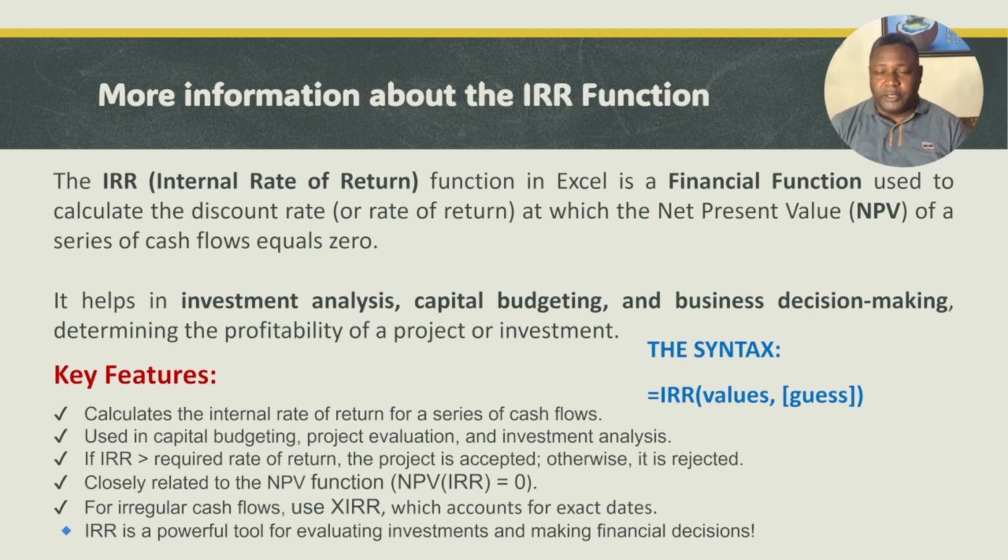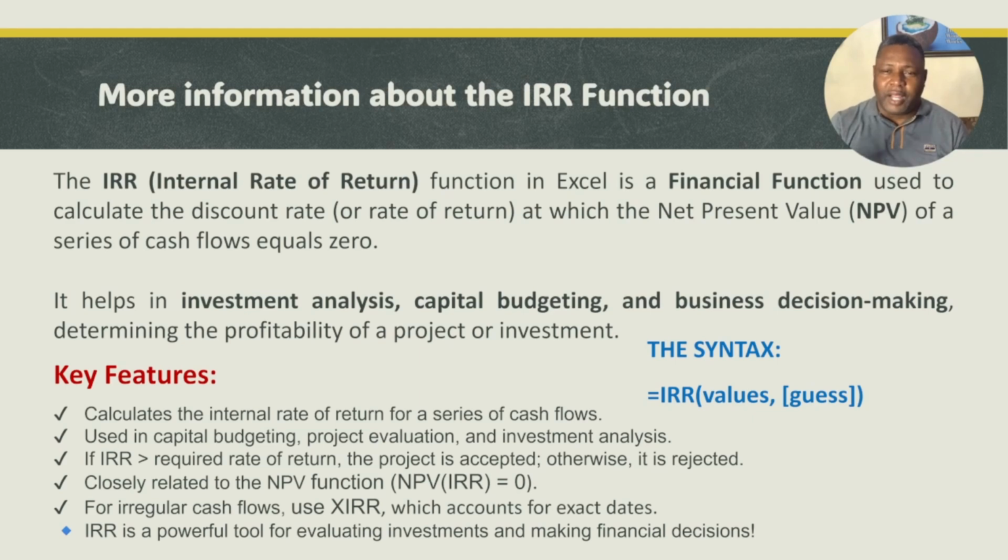The syntax is simply IRR and the values. But the values in this case have to do with your initial investment and then the series of present values. So the key feature is that it calculates the internal rate of return of a series of cash flows.